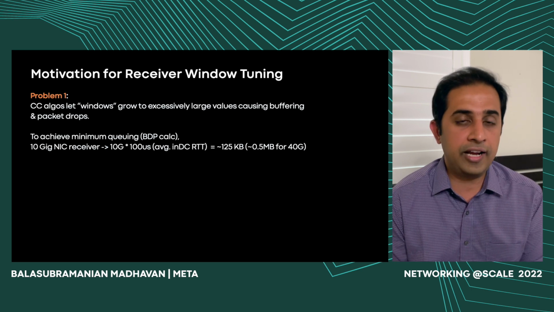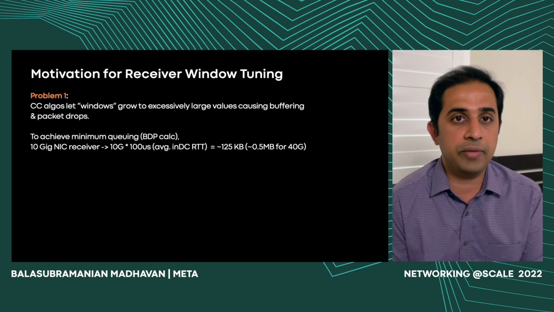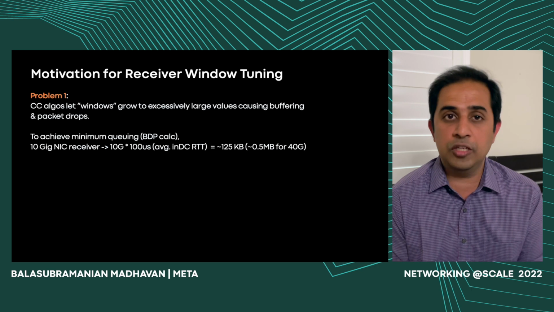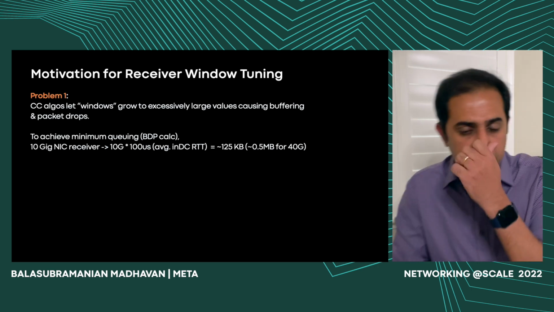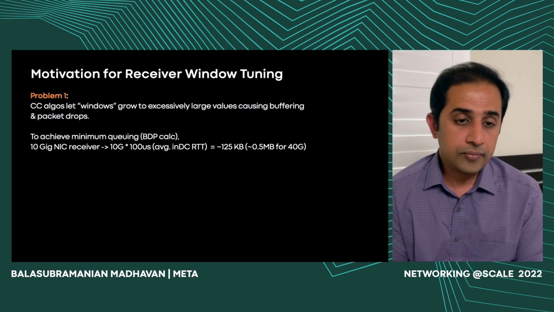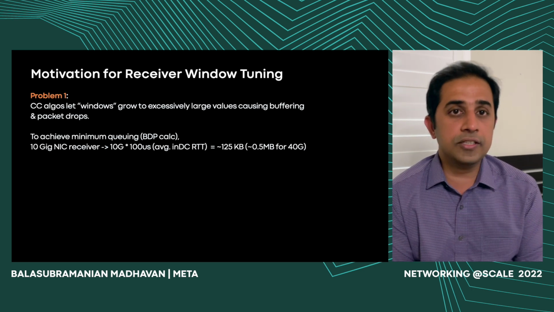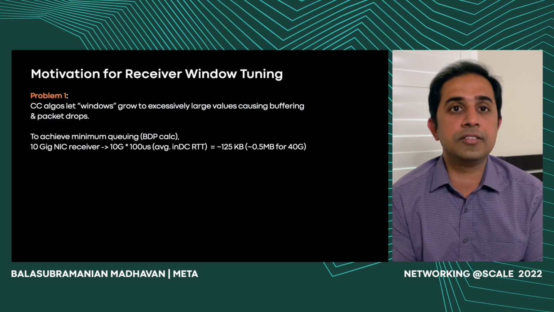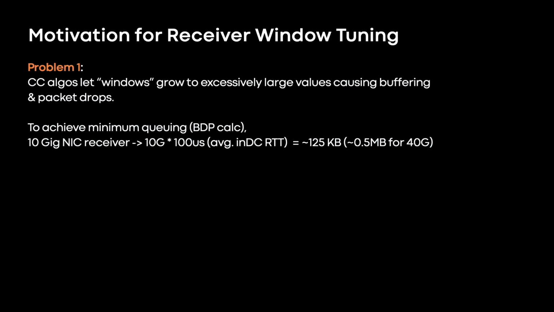Think of in-rack flows taking less than 50 microseconds, which means that your receive buffer or your receive window should not be more than 64 KB. And on top of this, we are talking about one receiver trying to saturate a 10 gig NIC. Just assume what this value should be if you are going to share the NIC across multiple flows, right?